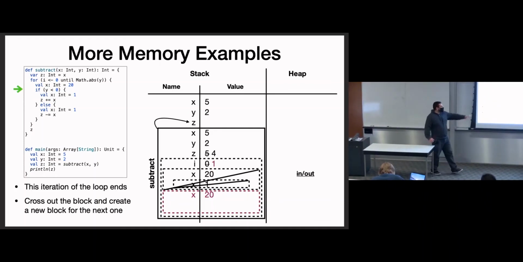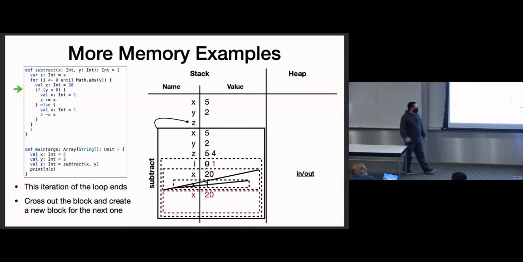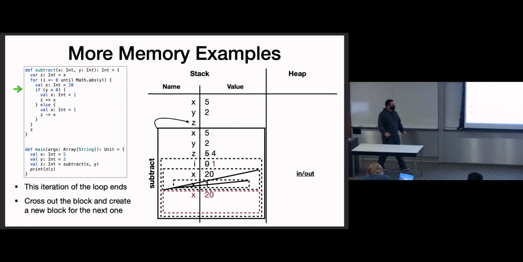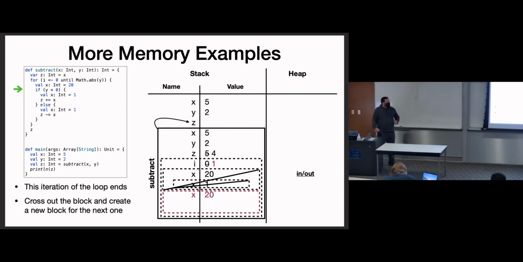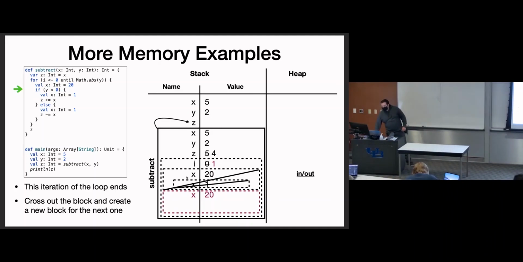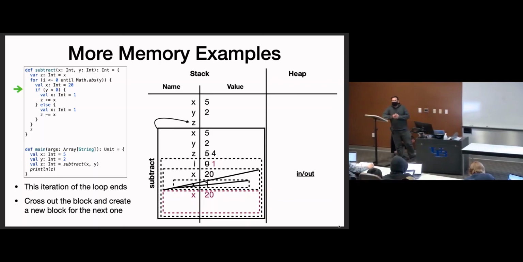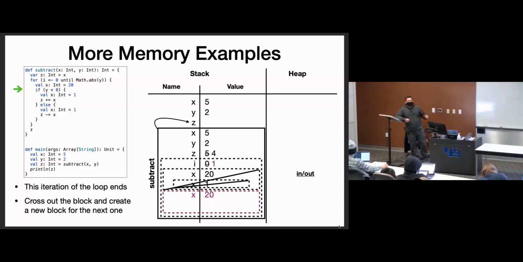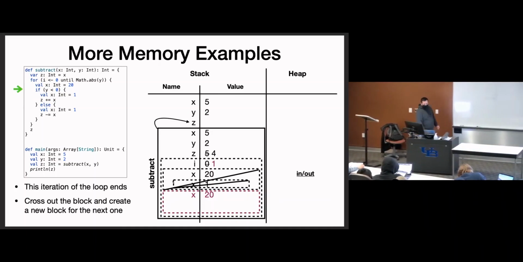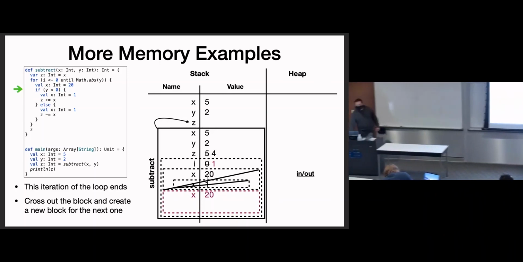So we're going to show that code block as a new code block in our memory diagram. But we still have the overall code block because the looping variable is in its own special case. It persists across each iteration of the loop. But anything declared in the loop is a brand new variable.